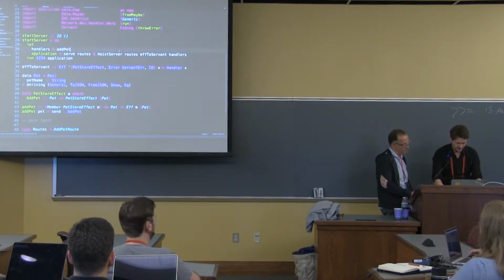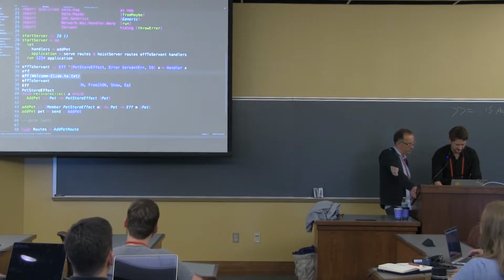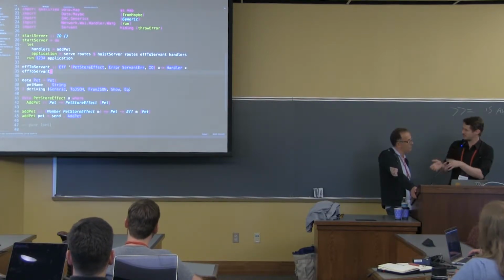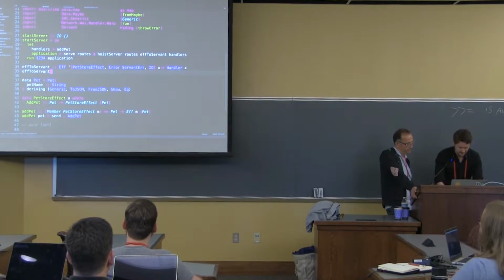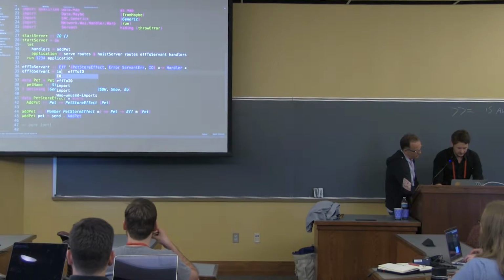Yeah. And then in order to make F to servant work, I think it makes sense to break it down into two steps. We go from the F world into the standard Haskell IO world, and then from the Haskell IO world into the servant world. So we'll just do F to IO, and then after that we do IO to servant. Cool.